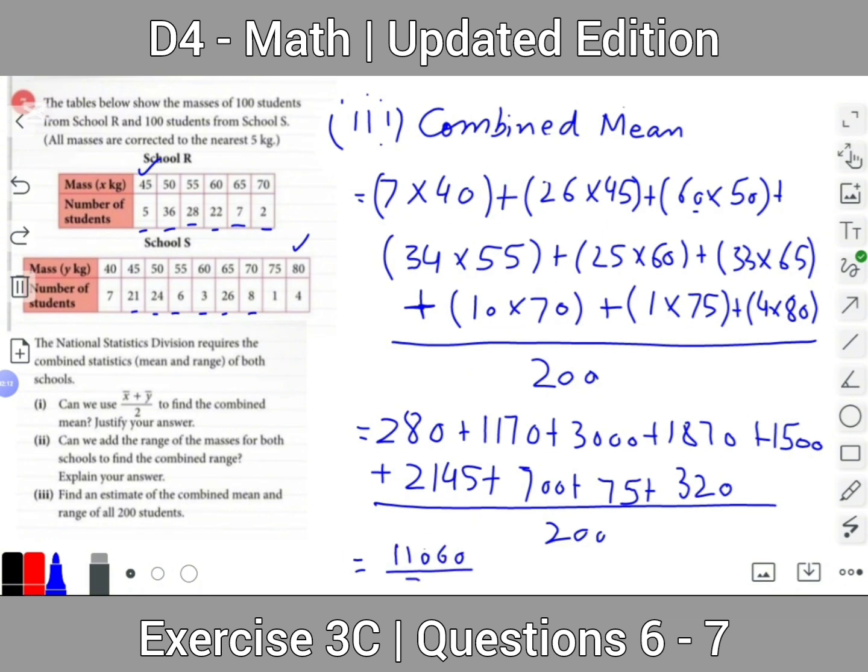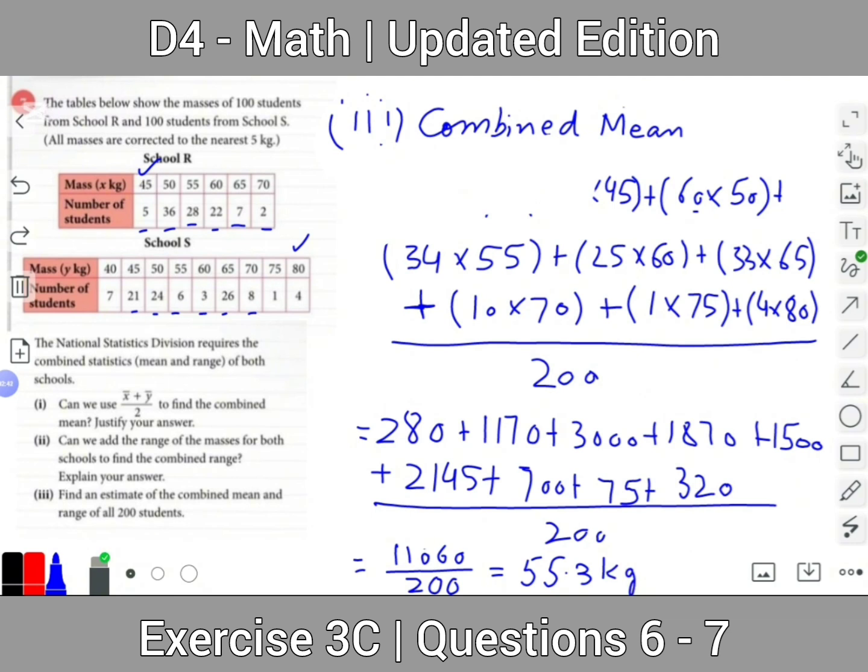11,060 divided by 200, and it will be equals to further 55.3 kgs. So the combined mean is equals to 55.3 kgs.